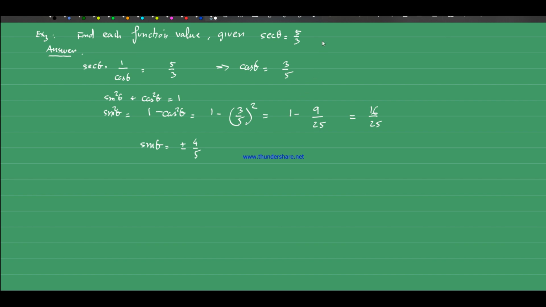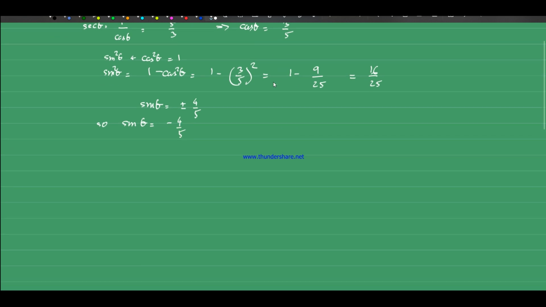So they must tell you which quadrant theta belongs to. Sometimes they don't give you this and then you have to figure it out, but they have to give you something. Let's say theta is in quadrant 4. And if it's quadrant 4, sine is negative, so we're going to take sine to be negative 4 over 5.